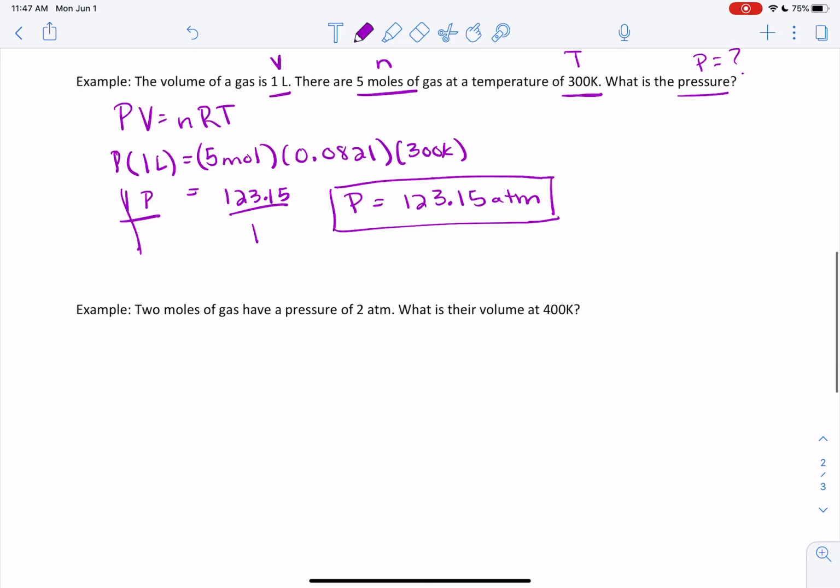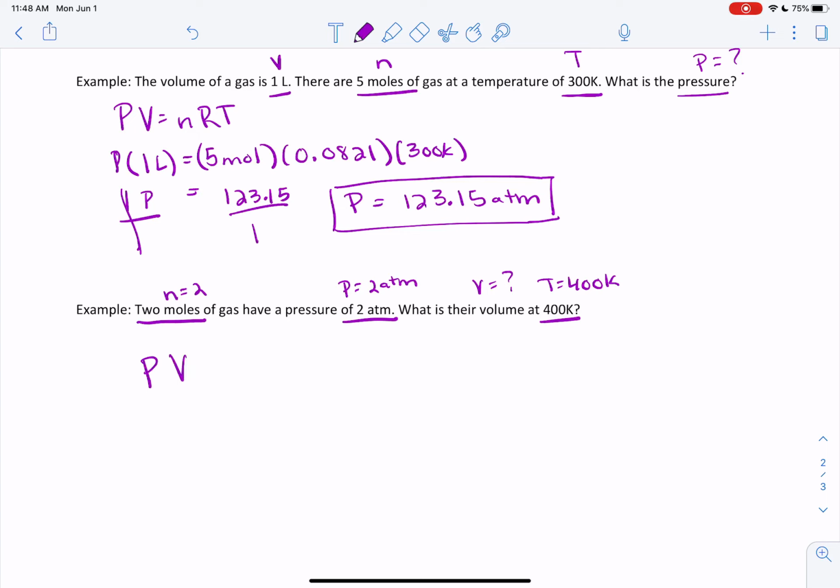Let's try one more. We have 2 moles of a gas with a pressure of 2 atmospheres. What is the volume at 400 Kelvin? So 2 moles, so we have N equals 2. And we have a pressure of 2 atmospheres, so P equals 2 atm. And the temperature is 400 Kelvin, and we're looking for the volume.